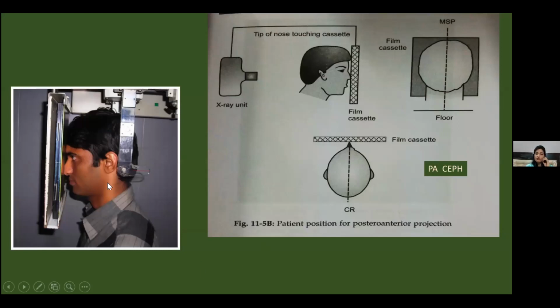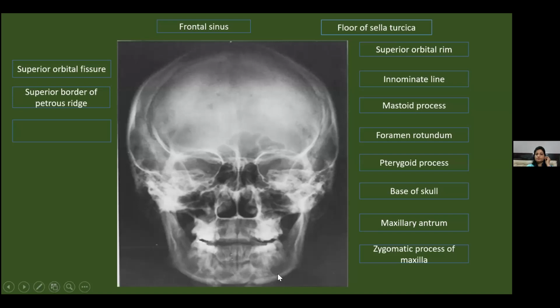I'm giving you the figure again so that you remember this. Your mid-sagittal plane is perpendicular to the image receptor and the coronal plane is parallel. Okay? So this is the image which you get.